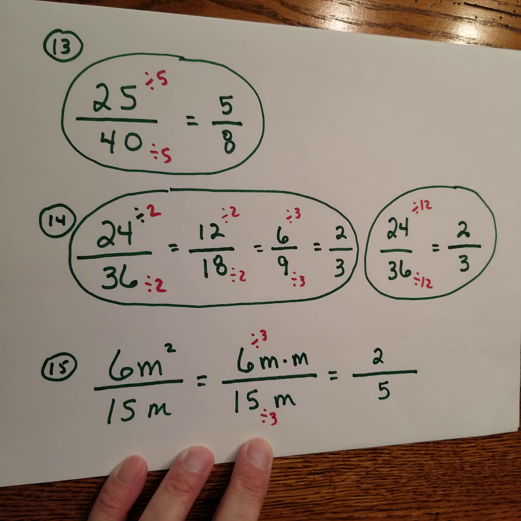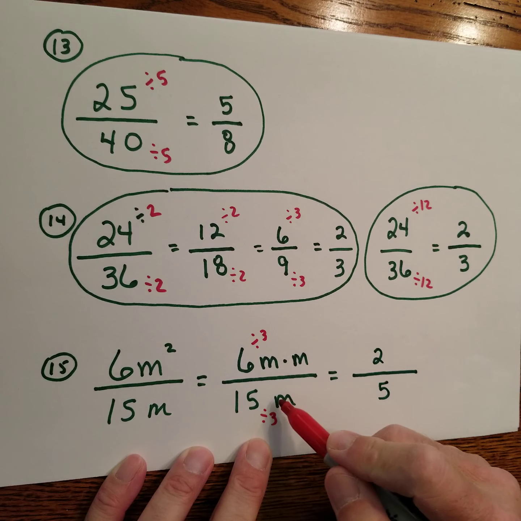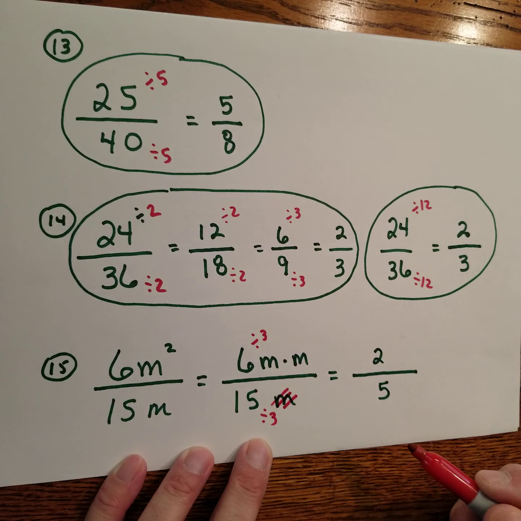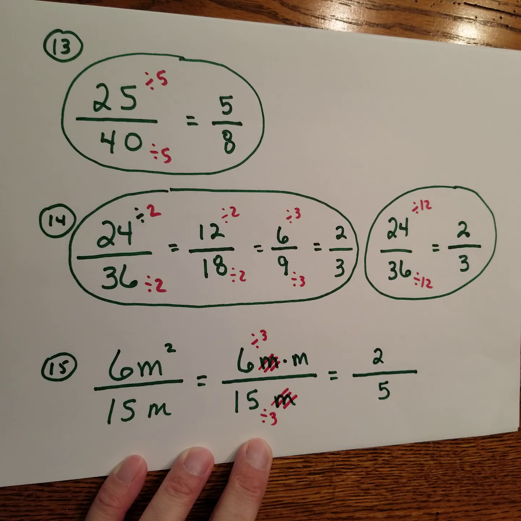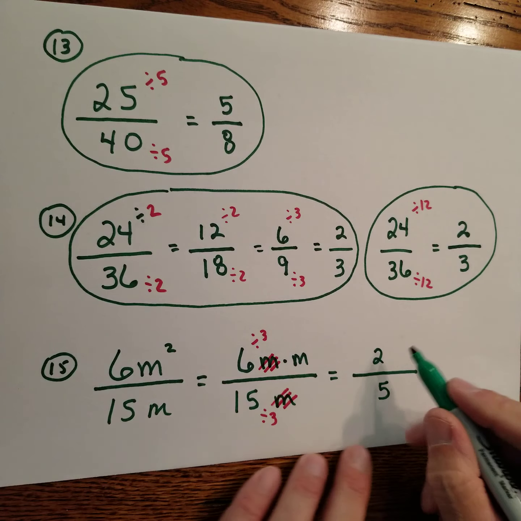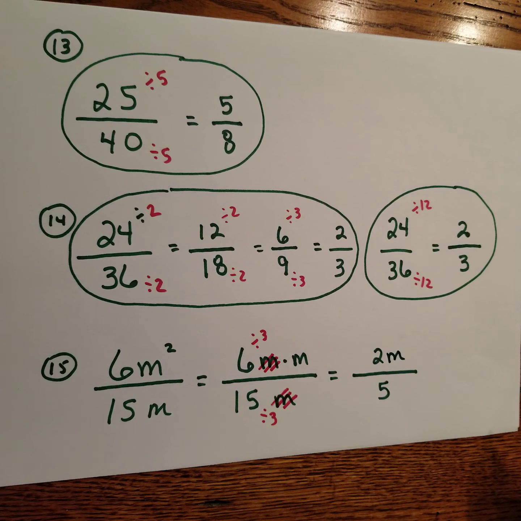Now for the m's. Well, there's an m in the bottom, which perfectly cancels one of the m's in the top. So in my final answer, there's no m's left in the bottom. There's one m left in the top. 2m over 5, that's a great final answer.